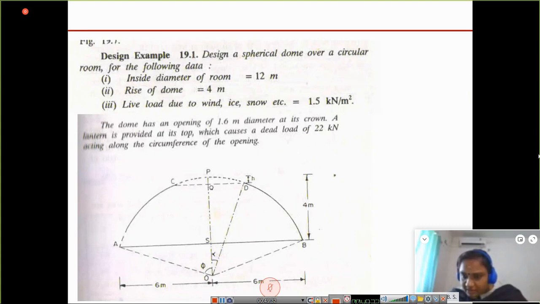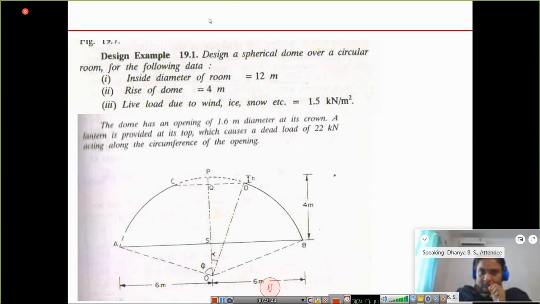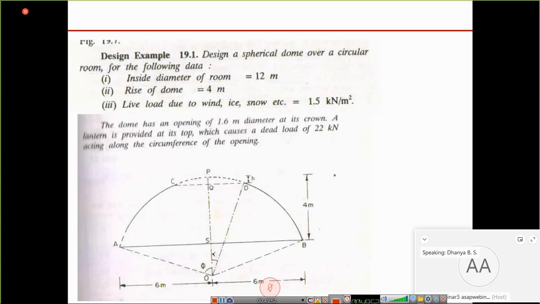How does wind load affect the dome? Is it necessary to increase the... Hello? Yes, ma'am. Can you see that question from Anya Thomas? Yes, I can see, but somebody is trying to speak in between.